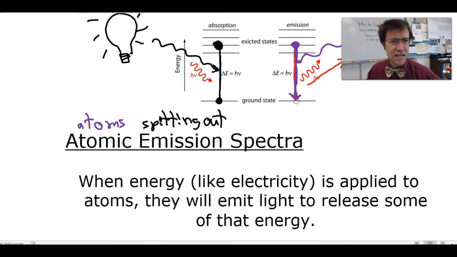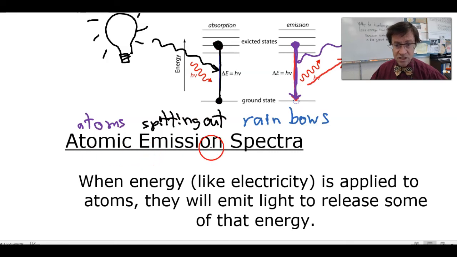And what, pray tell, does the word spectra mean? Well, that's a fancy science word for rainbows, because we can't say we're looking at rainbows, because then people don't think we're being sciencey and fancy, but it means rainbows. So atomic emission spectra really means atoms spitting out rainbows.